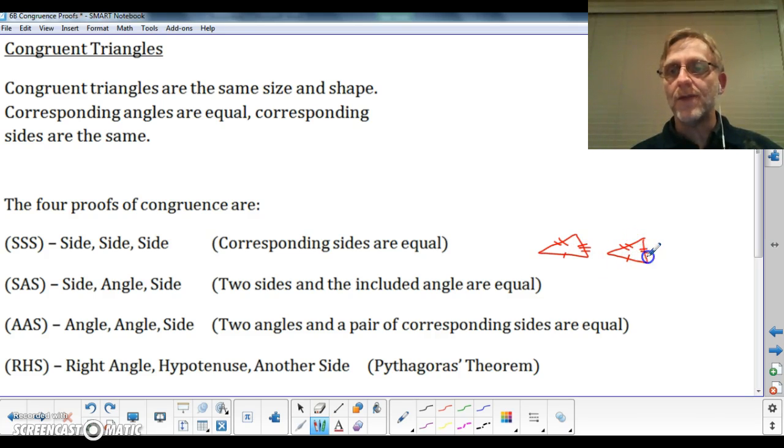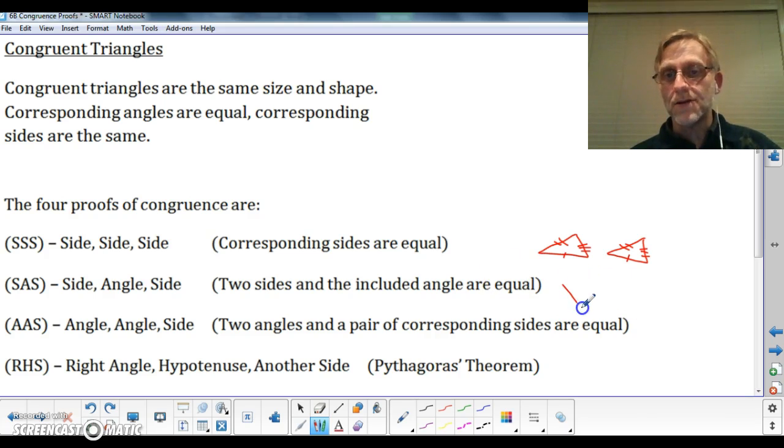If you've got that picture in your head, that the bottoms are corresponding and the same size, the left-hand sides are corresponding to each other and are the same size, and the right-hand sides are corresponding to each other and are the same size, then you've understood side-side-side.